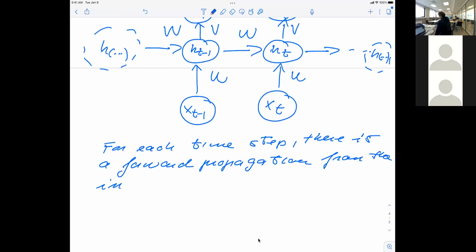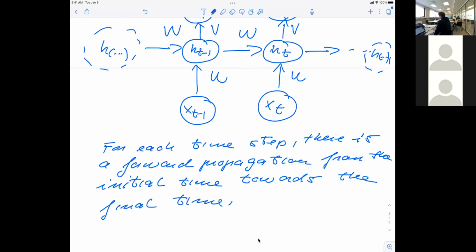So we received an input from a previous time step, from the initial time to the final time. So what you need then is something like the following.